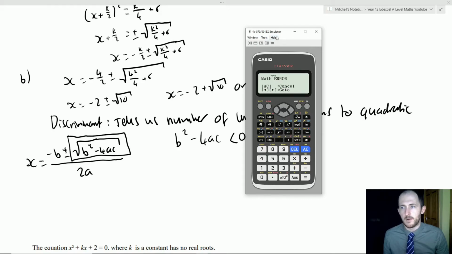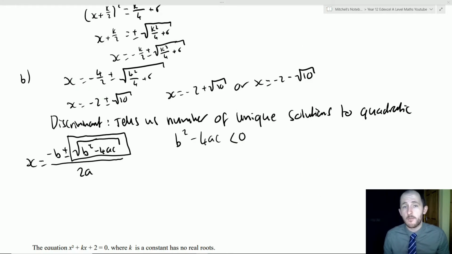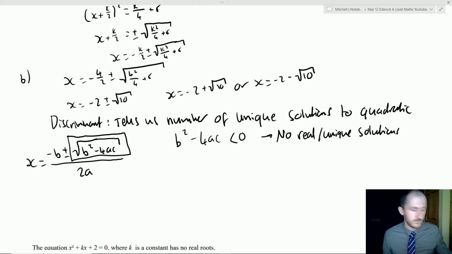Oh no, math error. Because we can't square root a negative. There are no real and unique solutions. Does that make sense? Hopefully that makes sense.